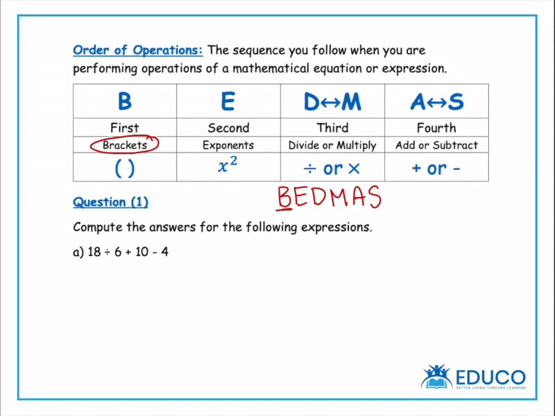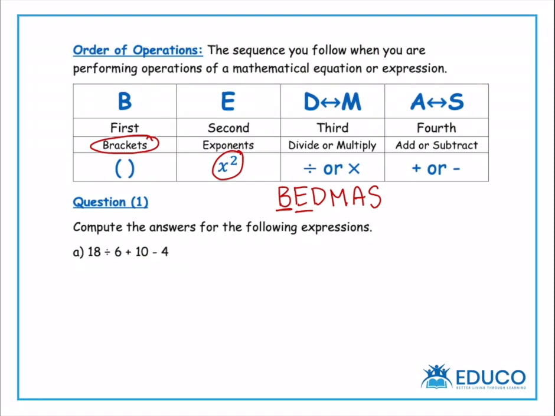The second letter is an E, and that means an exponent. So that is something like in this example right here that has a number written on the very top of a different number, like a squared sign. So sometimes you'll see 2 squared or 3 squared, and you might not see a lot of those this year, but it's still a possibility.